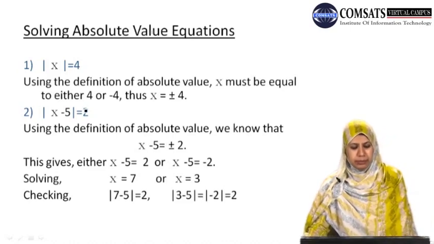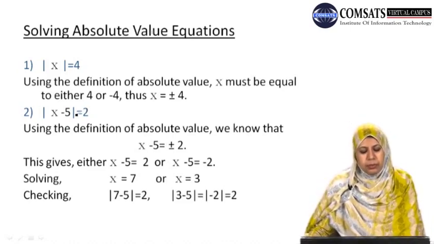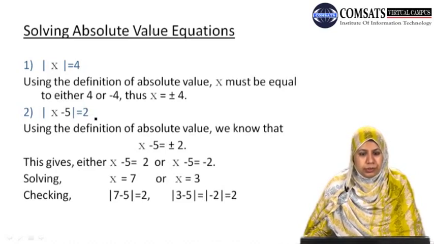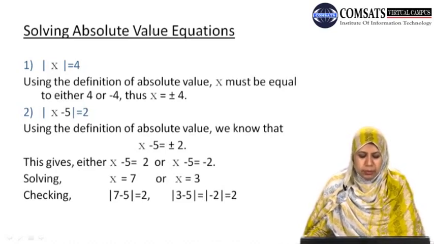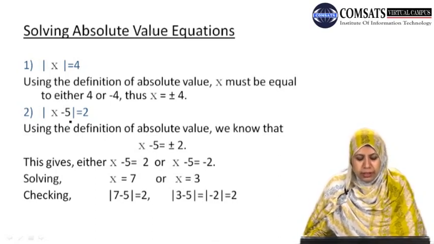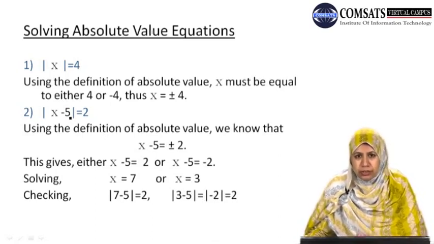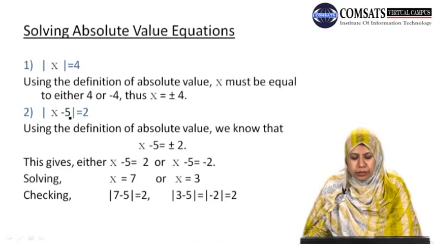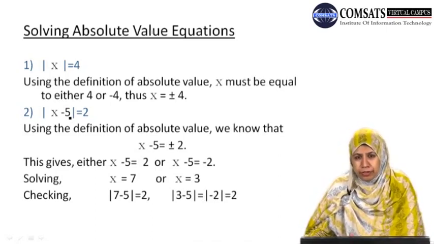Consider a second example. When mod of x minus 5 is equal to 2, then again, using the definition of absolute value, either x minus 5 is 2 units on the right from 0 or 2 units from the left of 0.